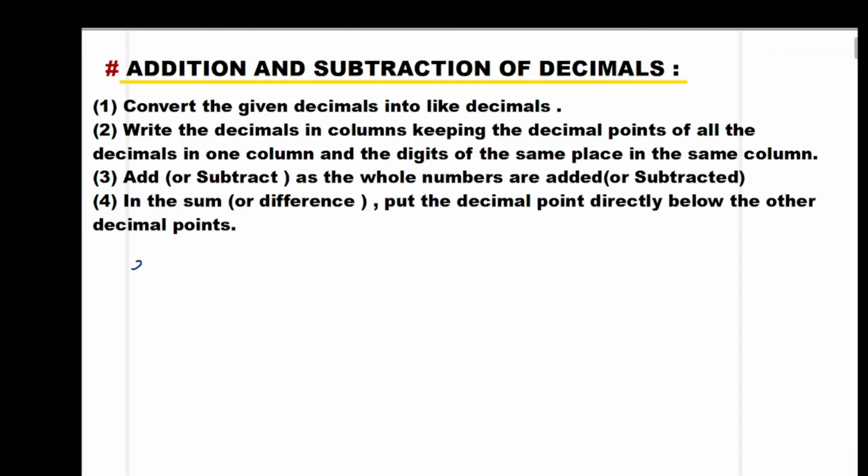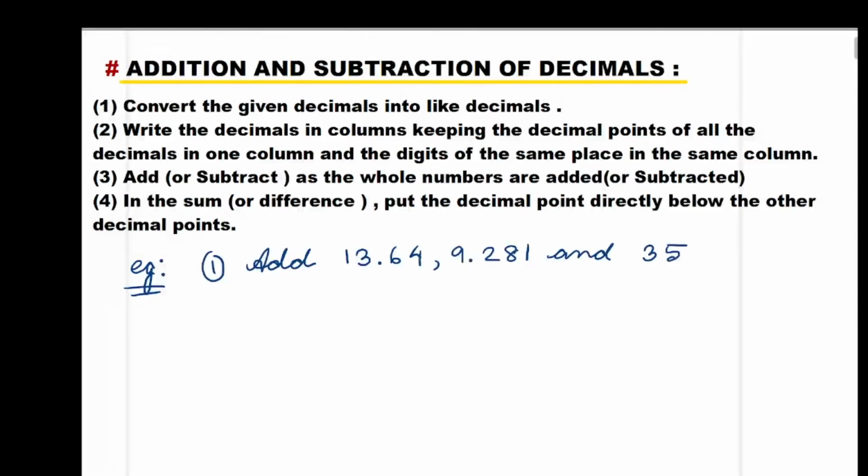I will give you an example here. First one, suppose it is given, add 13.64, 9.281 and 35. Now first of all you have to check whether it is like decimals or unlike.